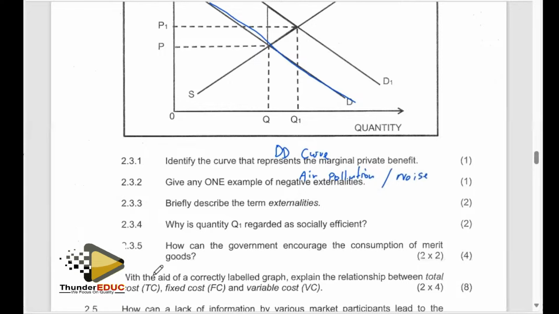Now let's check the meaning of externality. These are the costs or benefits spilling over onto a third party not involved in the initial transaction.